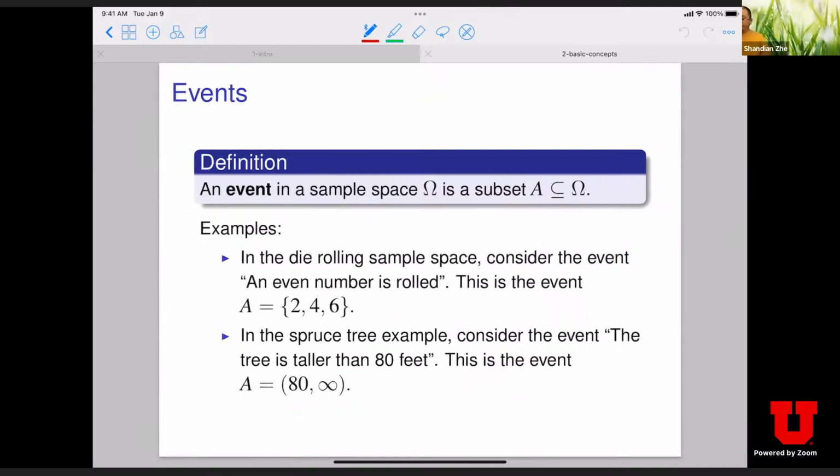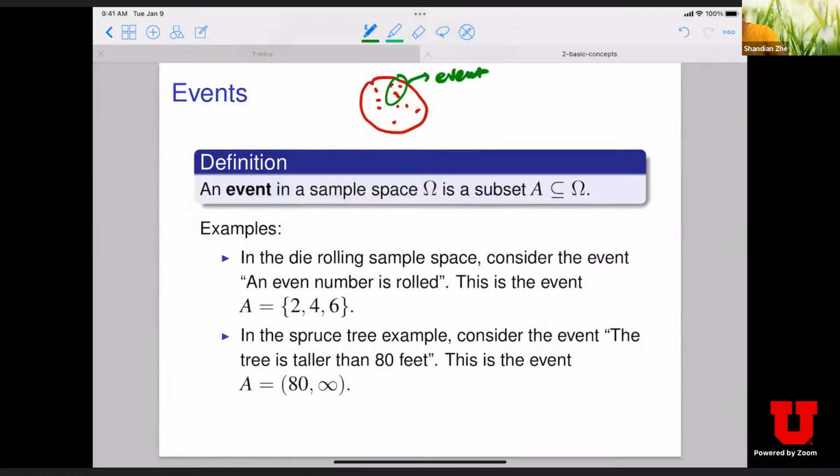So what is an event? An event is a set of elements in the sample space. Suppose this is your sample space. That means it contains all possible outcomes of your random experiment. An event just means you pick a set of them to form an event.